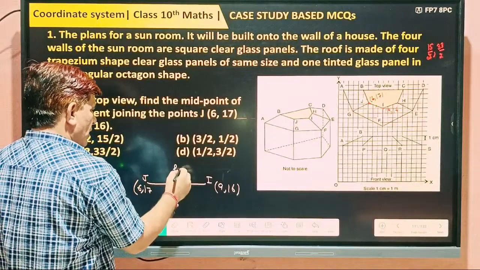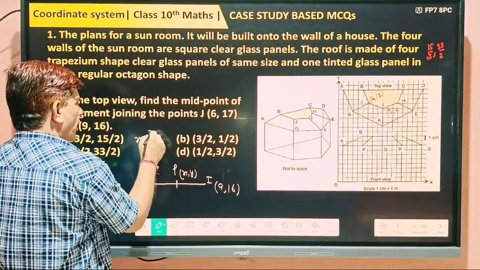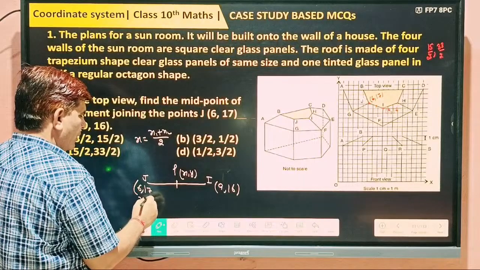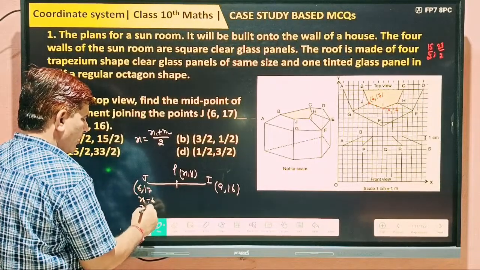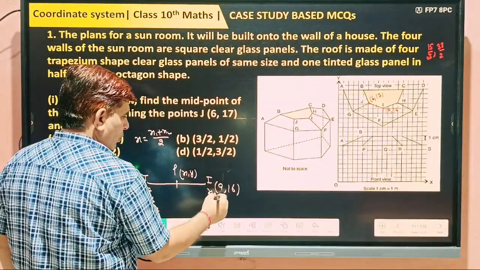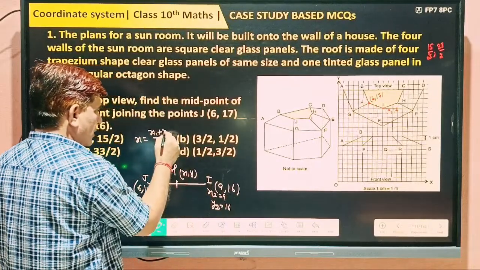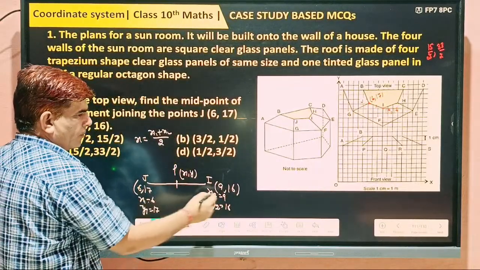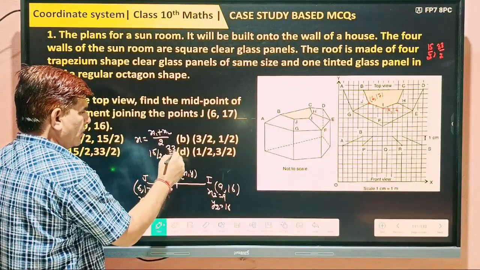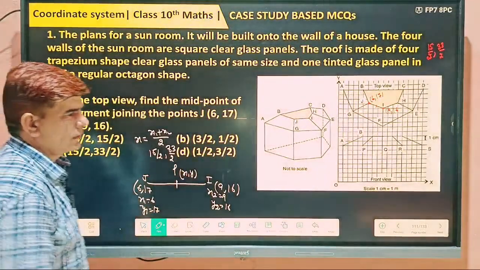So formula is this: if x and y are its coordinates, then x is equal to x1 plus x2 by 2. Here x1 equal to 6, y1 equal to 17, and x2 equal to 9, y2 equal to 16. x1 plus x2, 6 plus 9, so how much? 15 by 2. And similarly 33 by 2. So what's your answer? C is your answer.